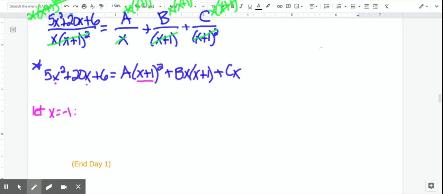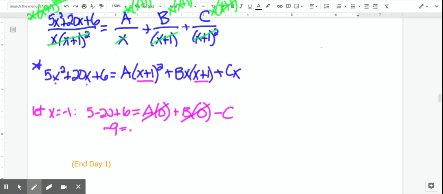So that's going to give me 5 minus 20 plus 6 equals A times 0, plus B, also times 0, and then we get -C. So let's see, that gives us -9 equals -C. So C equals 9.